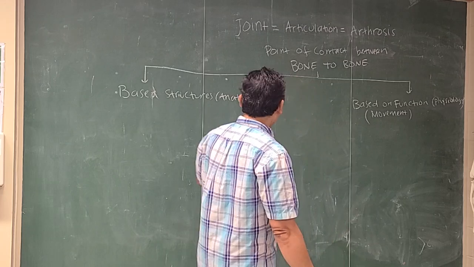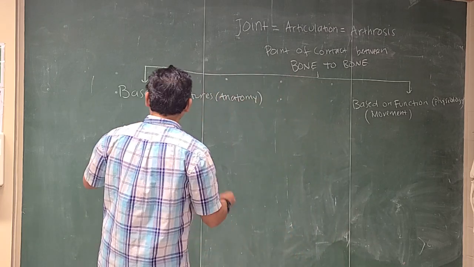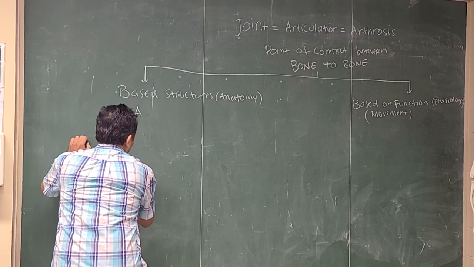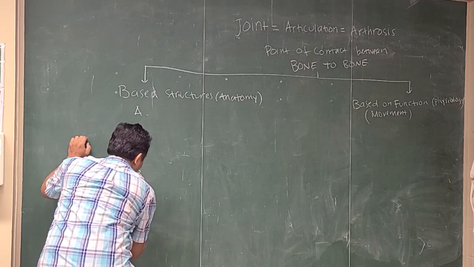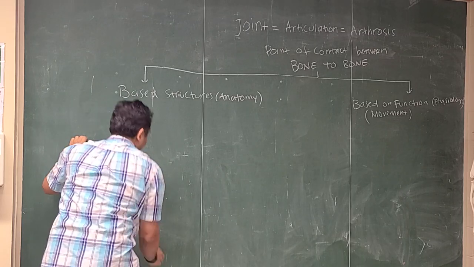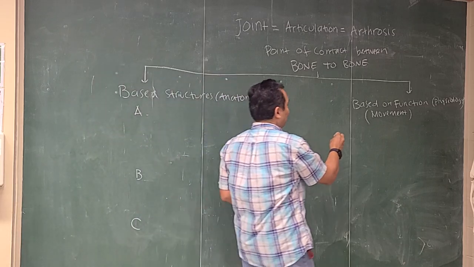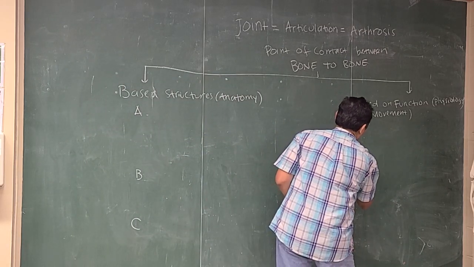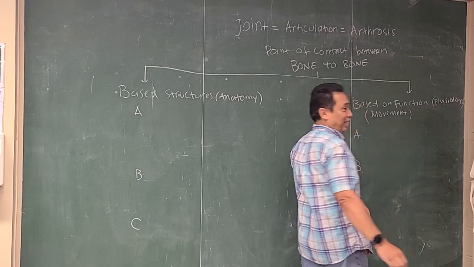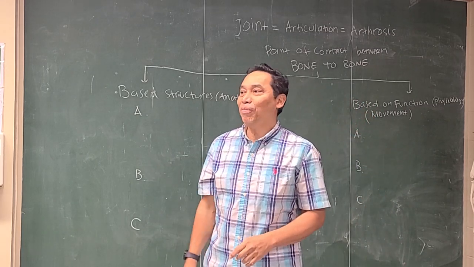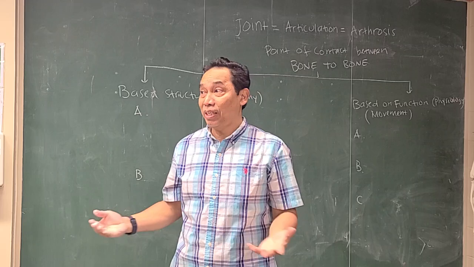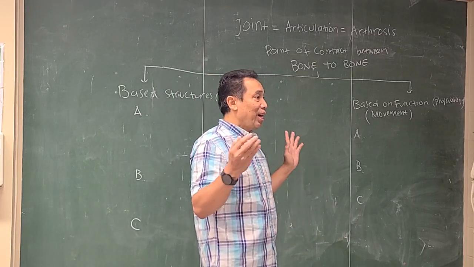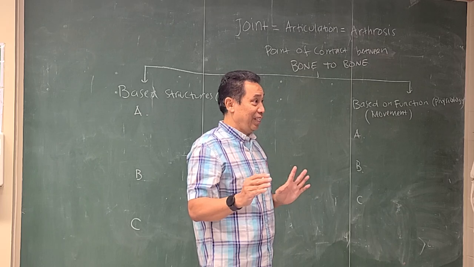Now, both of them are divided into three types: A, B, and C, and again A, B, and C. So there are three types of joints based on structure, and three types of joints based on function. Got it?